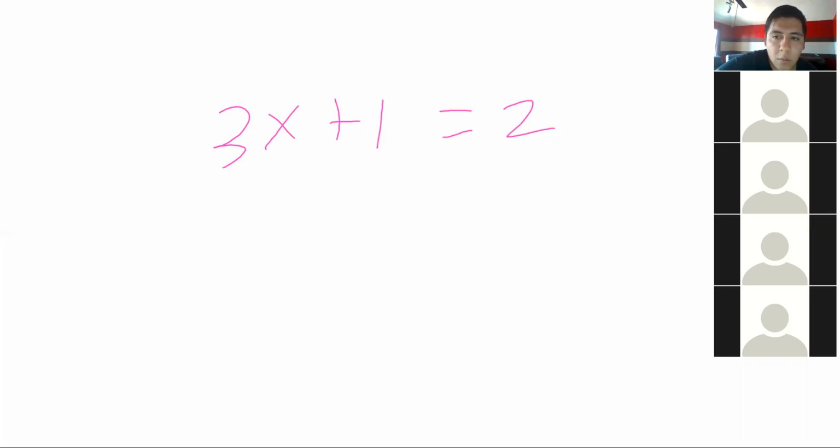My first question before anything: when we're solving equations, when we're solving for x, what is our goal? What are we trying to get to? The value of x. The value of x, but what does that mean? I need to cancel things out, but at the end, what do I want to be left with?